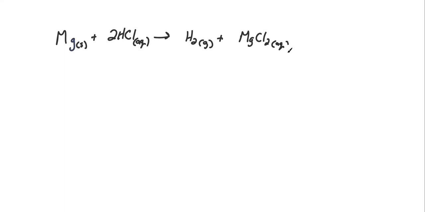And with that, we add it to hydrochloric acid, which is almost always aqueous. And that gives us hydrogen gas and magnesium chloride, a salt, which, because it's ionic, would dissolve, so it's aqueous.